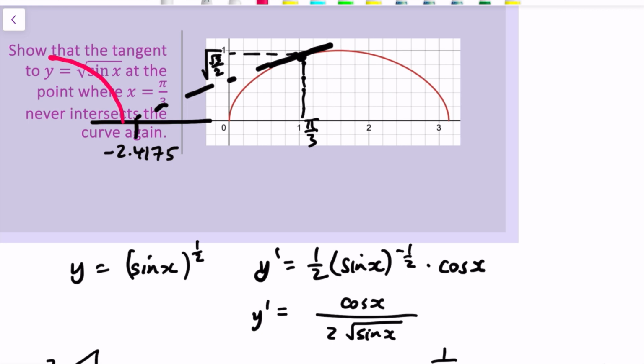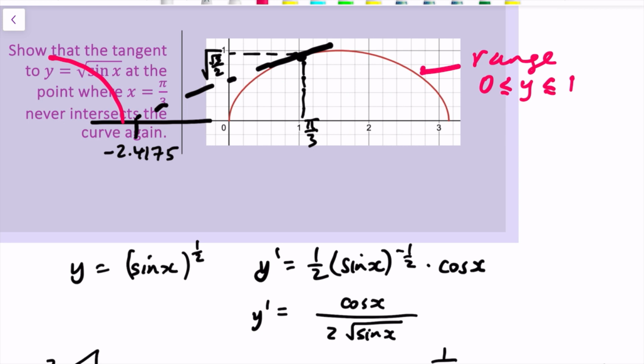So you're going to say something like the range of the function is clearly from 0 to 1, so 0 less than or equal to y less than or equal to 1. It's not possible to get y values bigger than 1 because the sine of x is bounded with a maximum value of 1, and then the square root of that is bounded with a maximum value of 1.